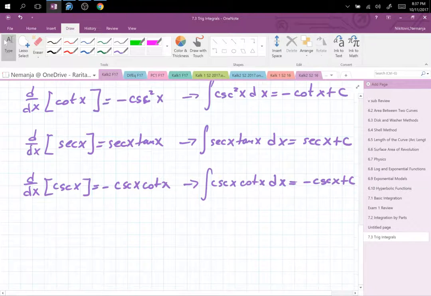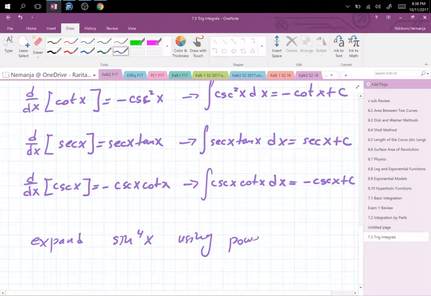Practice problems to enjoy your weekend would be: expand sine to the 4th x using power reducing. Something like that should be practiced over the weekend.